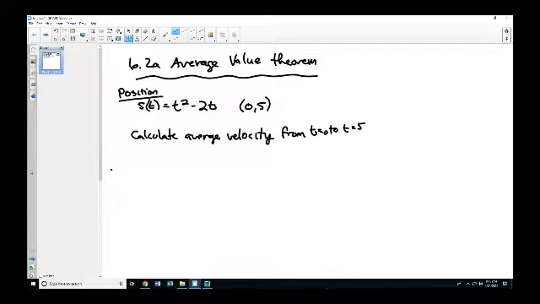Not F. F is not here. This is a problem that's on the test. There you go. The function is S, so be careful about labeling them right. It's a slope question or average rate of change, right?